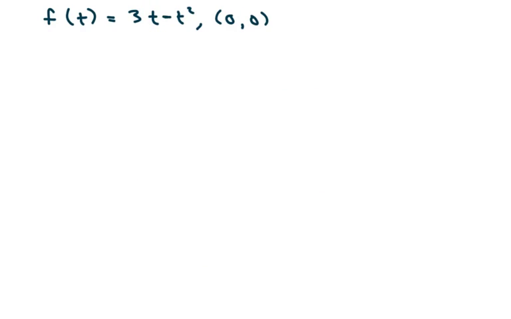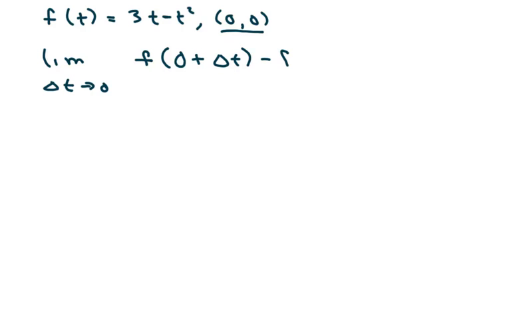Okay, we're going to do another one here. So the point is 0, 0, and we have the limit as delta t this time approaches 0 of f of 0 plus delta t minus f of 0 all over delta t.